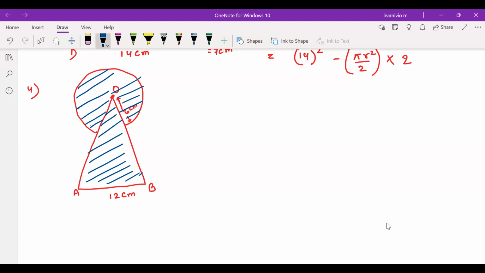We can find the area of the equilateral triangle, that is root 3 by 4 a square. This is the formula for area of an equilateral triangle, where we already know the side.